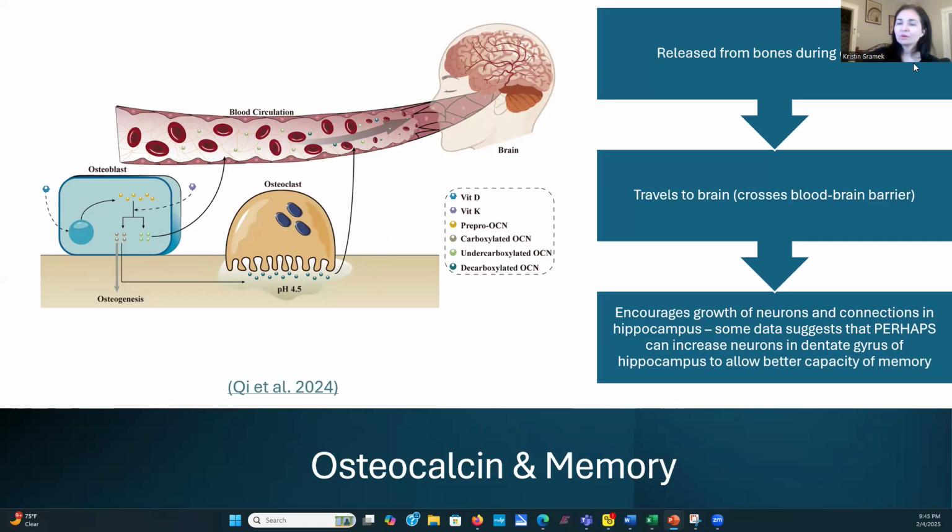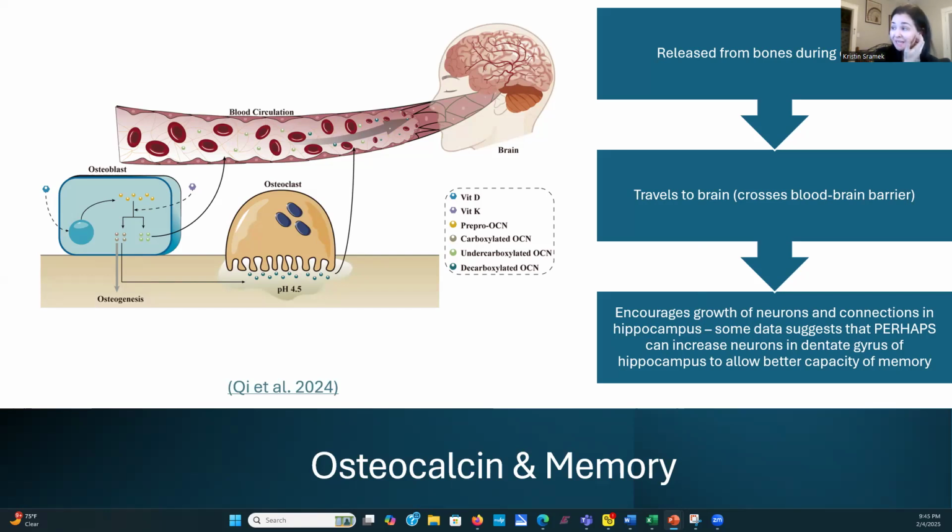What's cool is that it travels all the way through the blood-brain barrier via blood circulation. So it gets into the brain, and it actually causes the hippocampus to grow more neurons, which are the brain cells, and then the connections, which are the synapses.